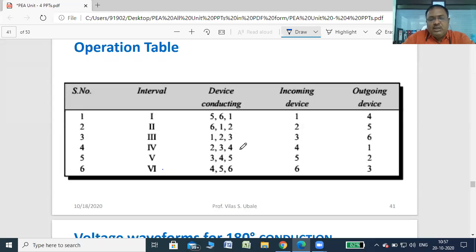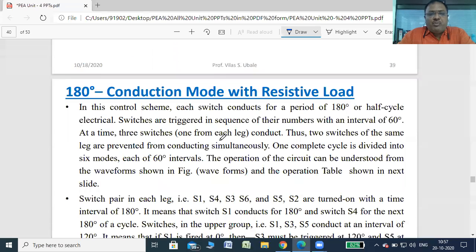Similarly, in case first, device 1 is the incoming device, and device 4, which was conducting in interval number 6, is the outgoing device. If you understand this, then I will proceed further, right? So there are a total of 6 intervals. A total of 3 devices are on at a time, 1 from the upper arm and 2 from the lower arm, or 2 from the upper arm and 1 from the lower arm.